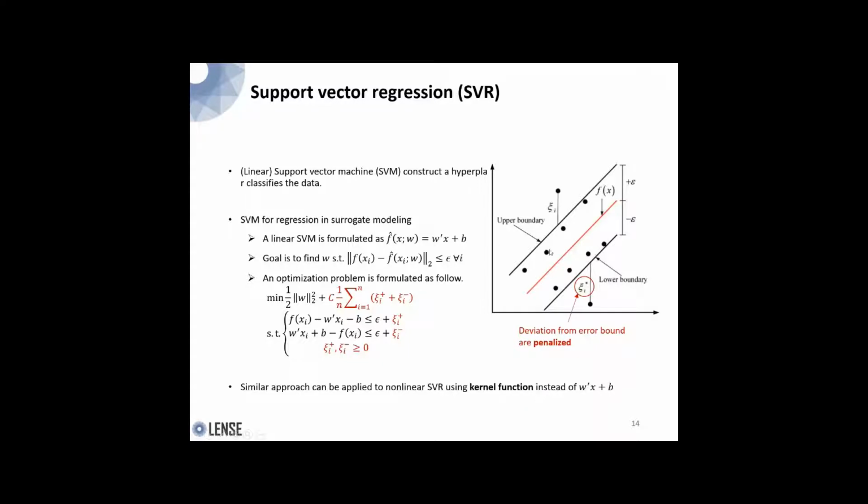Everything inside gives you no penalty. You're only penalizing those points outside. So that's a different kind of regression. And for the support vector machine, usually you don't use a linear form. You use what's called a kernel function, right? Which represents non-linear basis functions.